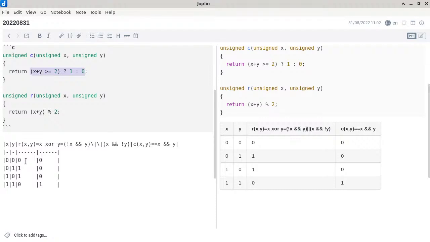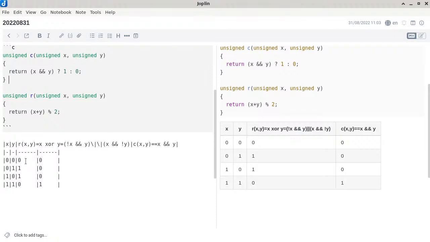Because now we can say, we still want to return just 1 or 0, so it's a good idea to keep that ternary operator. But now we can say, hey, it's just logical and. It would do exactly the same thing as an addition followed by a comparison.